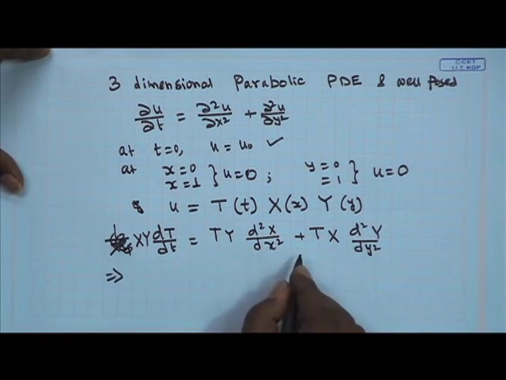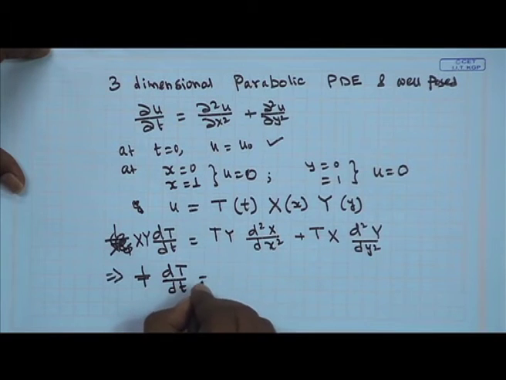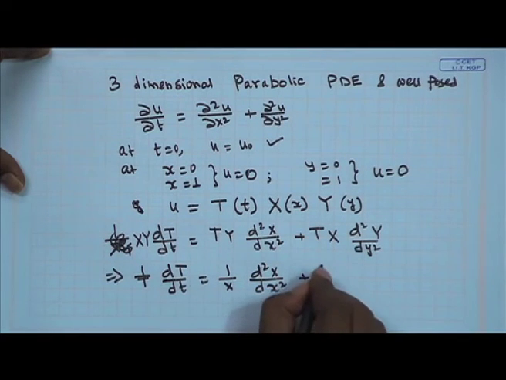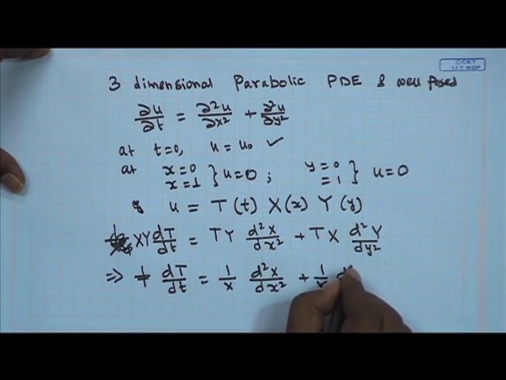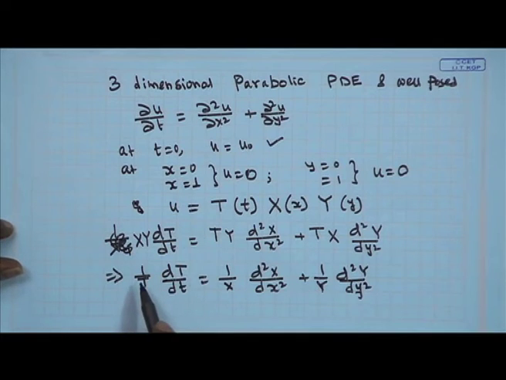I divide both sides by X Y T. So, we can separate the variables out: 1 over T dT/dt is equal to 1 over X d square X/dx square plus 1 over Y d square Y/dy square. So, the left hand side is a function of time entirely, the right hand side is a function of space, a function of x and y. So, they are equal and they will be equal to some constant.